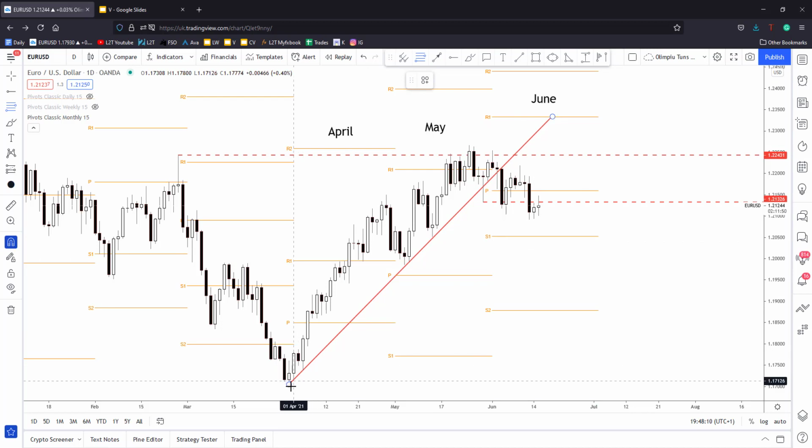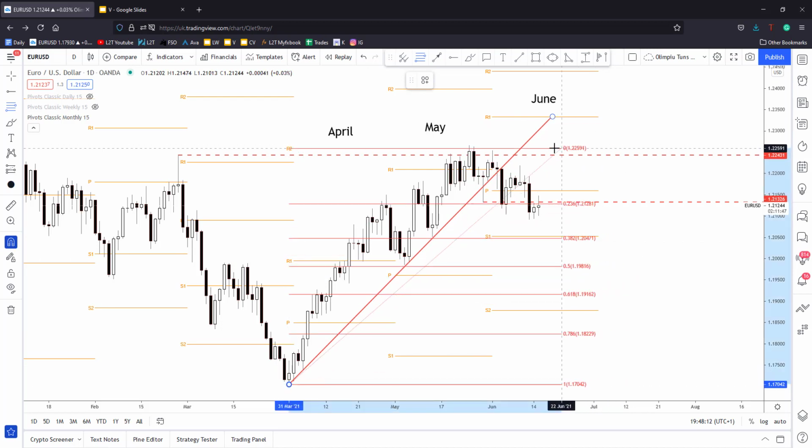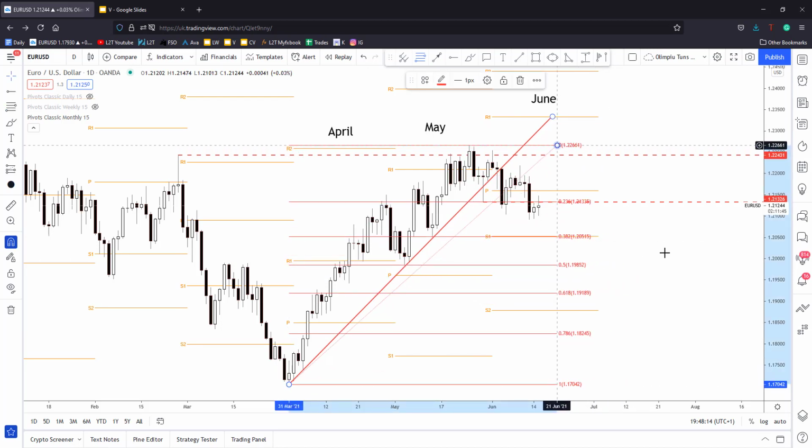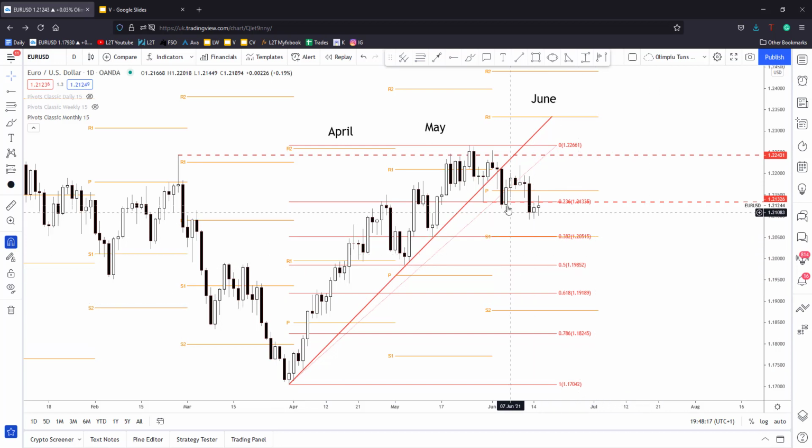Also, you can use other technical tools like Fibonacci retracements, and you can see here that we have the 23.6 right at 1.2132, and also we have the 38.2 retracement level right here at the S1, right? And if the pair will continue to drop, we can use the S1 as a potential downside target here at the 38.2 retracement level.